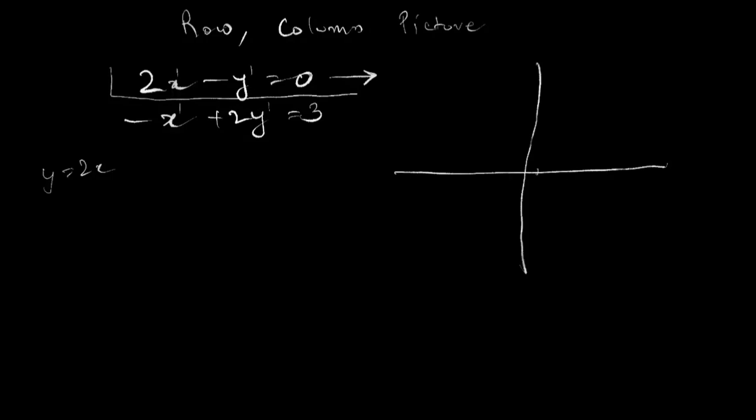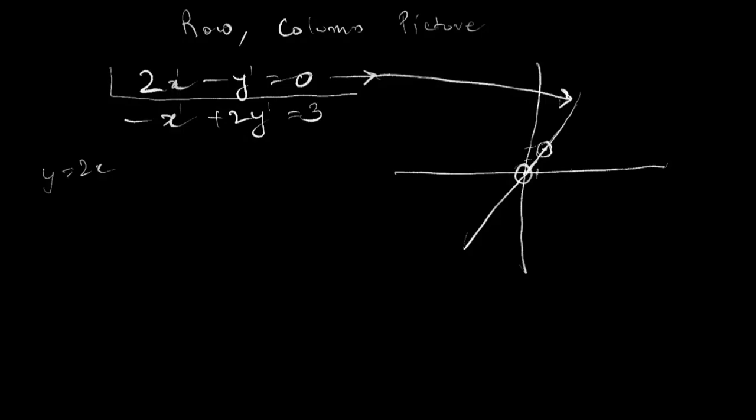If I take x equals 1, then y is 2, so that is one point. Of course 0 is also a point. If x is 0, y is 0. In the case of straight lines, you just need 2 points. So one point is 0, 0, and another point is 1, 2. So this is the line here.